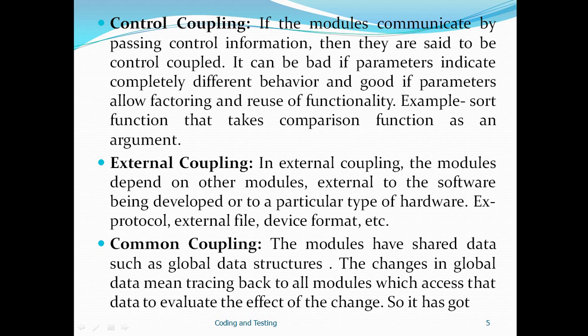Next we have common coupling. It shares global data. When we change any data, it is accessed by all modules, so it is difficult to reuse the modules. The modules share data such as a global data structure. A change in the global data means tracking back to all modules which access the data, to evaluate the effect of the change.